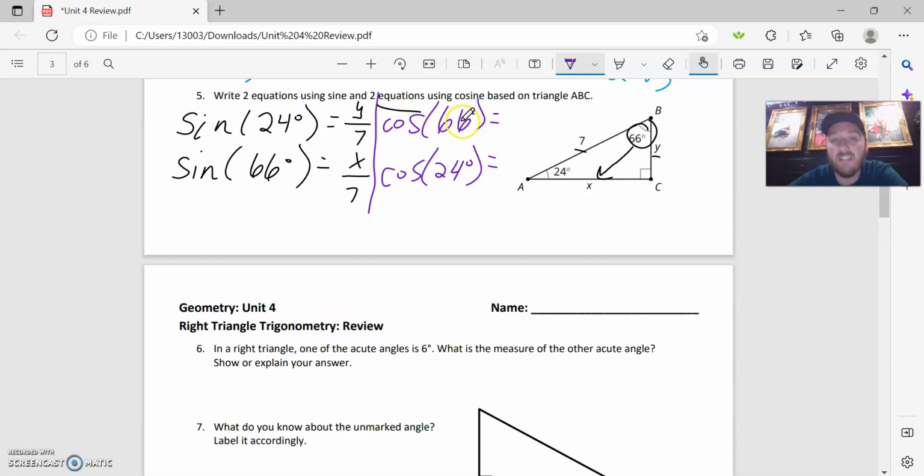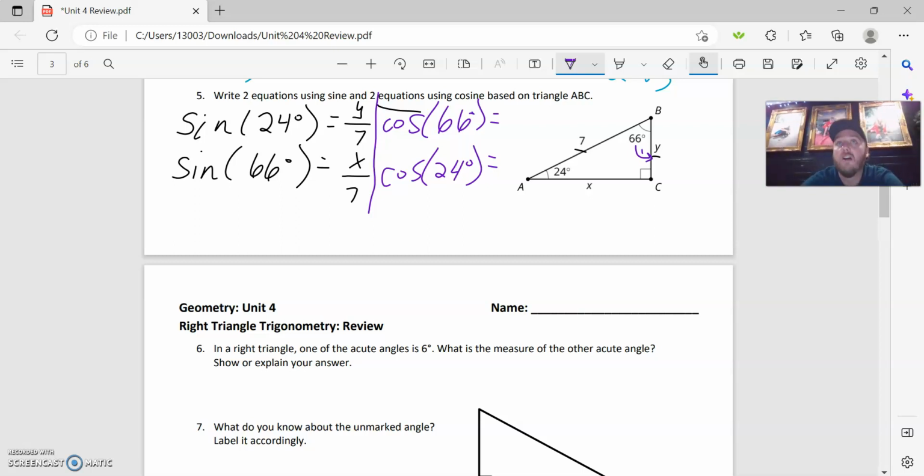So if I go to 66, so 66 right there, if I look at the adjacent side, adjacent by definition means next to. The side next to angle 66, well, there's y, but there is 7 at the same time. But remember, 7, in this case, that's our hypotenuse.